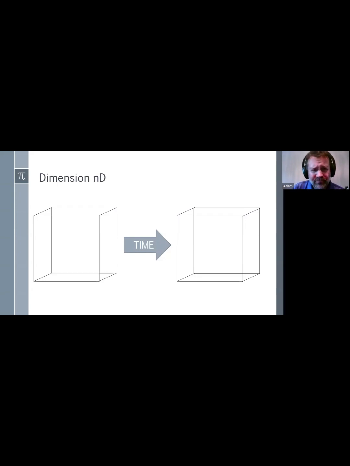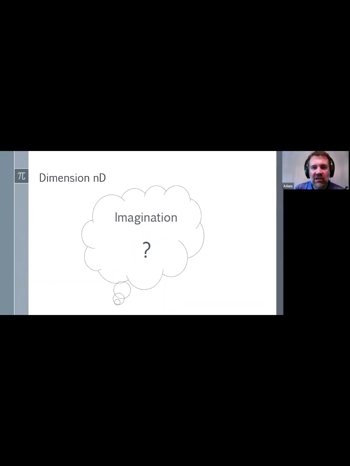And then we can generalize it and go into greater dimensions, for which we use our imagination. It's hard to really plot it out and look at it, but we can look at the patterns. When we look at the arithmetic and all the various things that we use in, say, 2D, we can apply that to 3D, and again to 4D, 5D, and so forth in the exact same way.